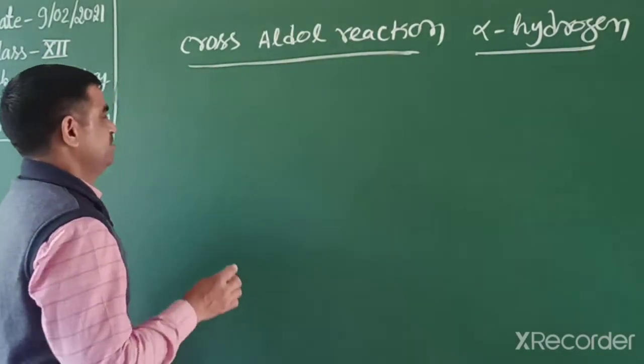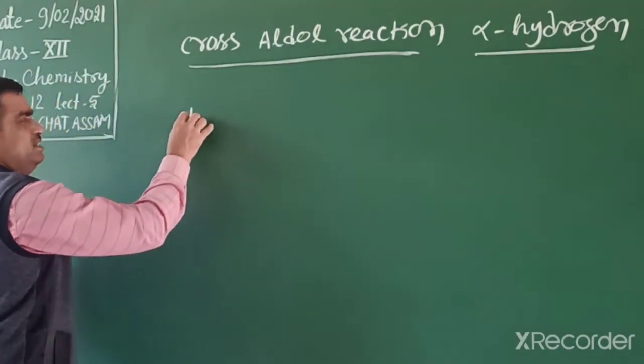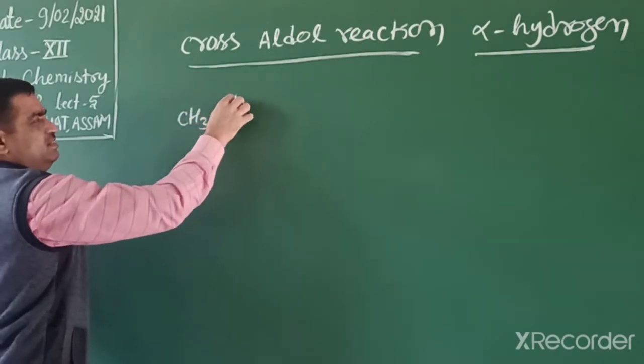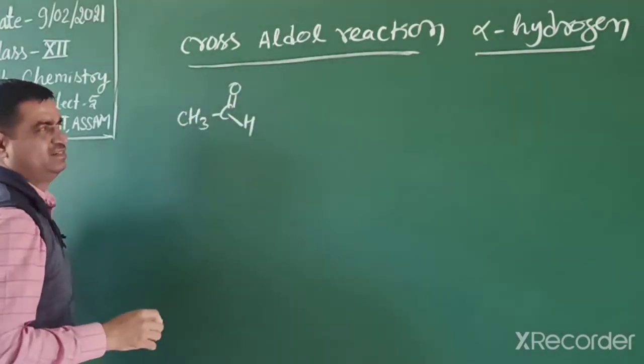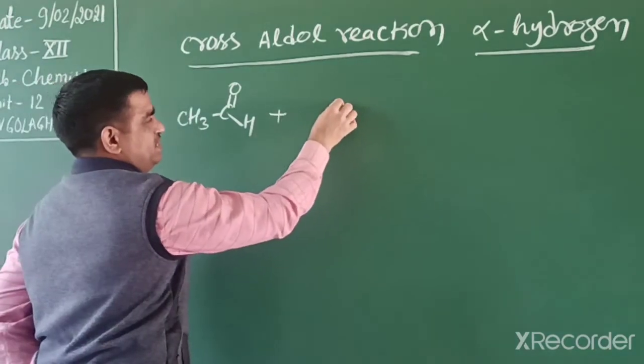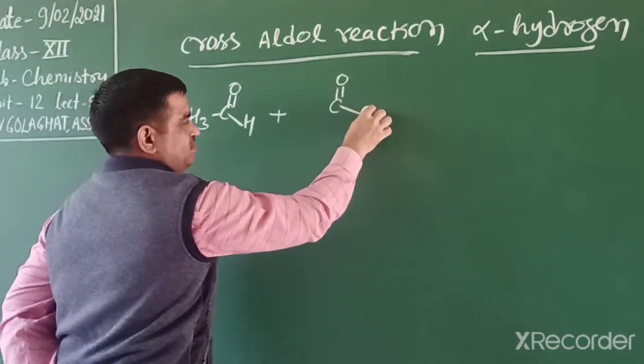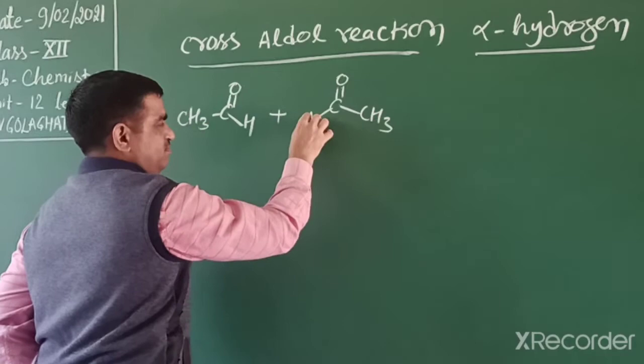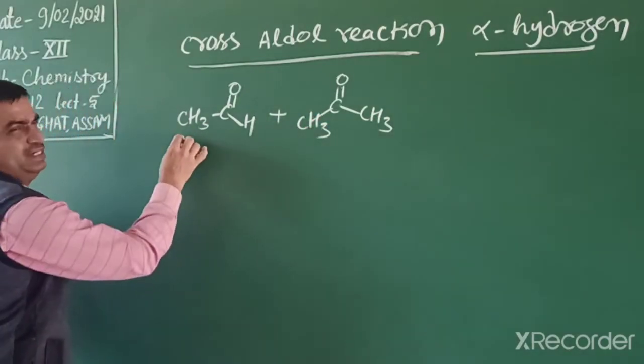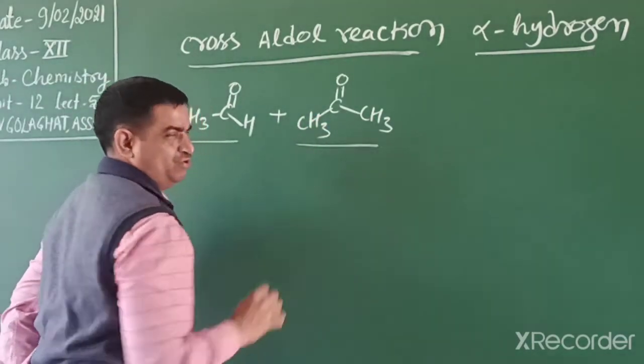We can explain by one example. If we take ethanal, an aldehyde, the other one reacts with the simplest ketone, that is acetone or propanone. One is an aldehyde, the other one a ketone.